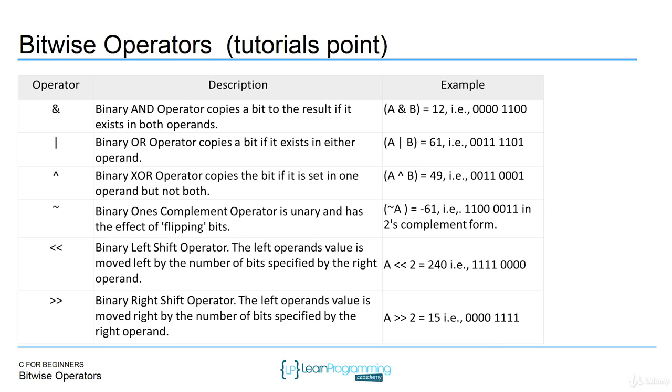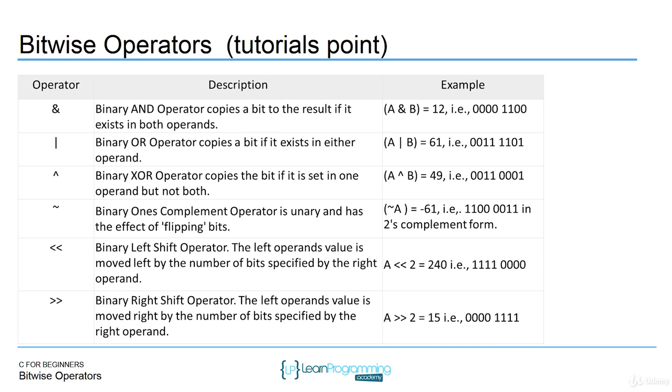So if you do something like A shifted left by 2, and A is equal to some binary number, for example 00111100, you're going to shift the bits by 2. You're going to take off the zeros and it's going to become 1111, and those zeros are going to go to the end. The same with the right shift operator, you're just shifting them to the right as opposed to the left. Here you use the greater than symbols. And I'm going to go through these in a second.